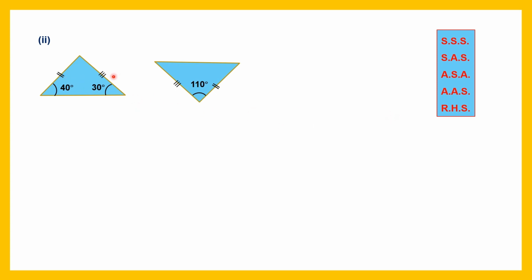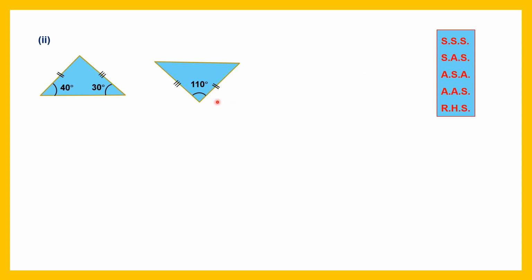Now here there are two sides, so let's see if there is some condition with two sides. We have side, angle, side. When the angle comes in between, we are talking about the included angle.